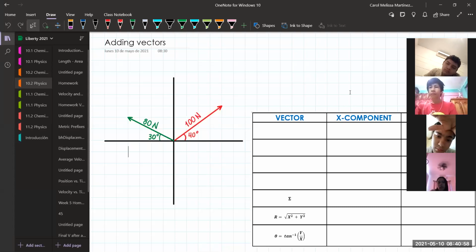So take a look. Every arrow has two parts. Okay, one part is called a component. One of those components, this horizontal component, is going to the right. Okay, the reason that it is going to the right is because it is over the x-axis.